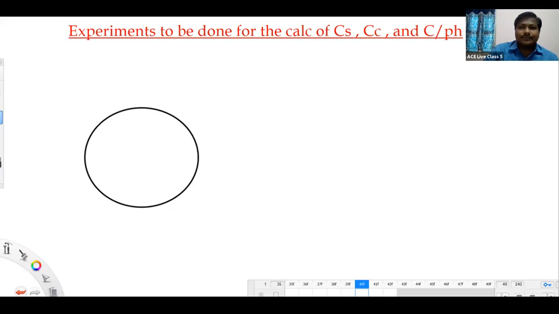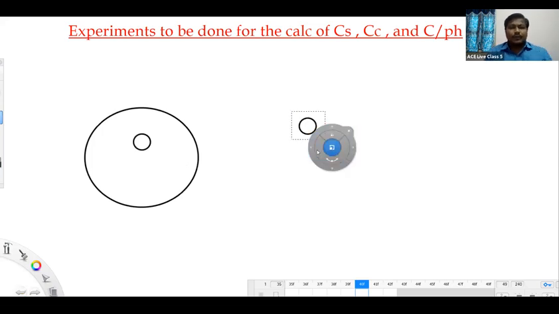These are the conductors. I will show 1, 2, 3 conductors. This is core 1, next I'm showing core 2, and then we have core number 3.